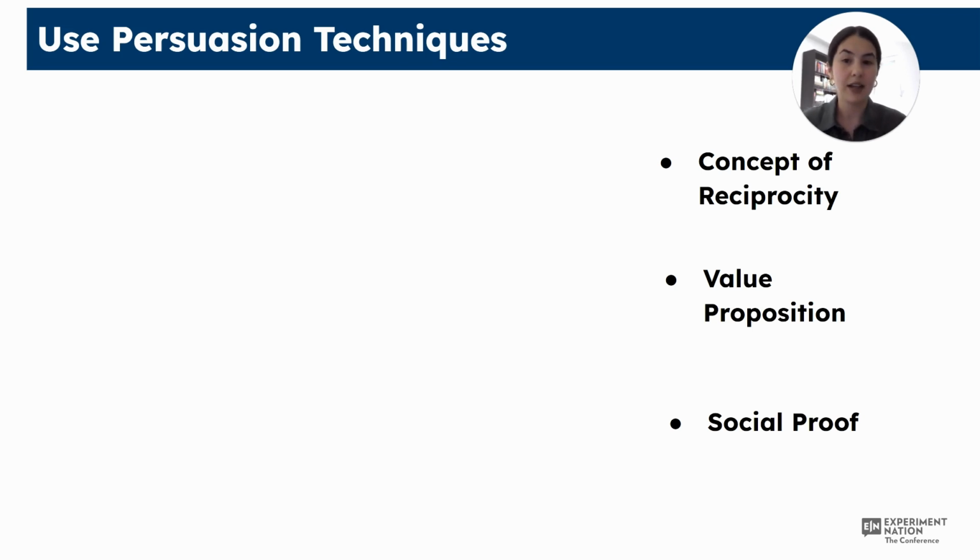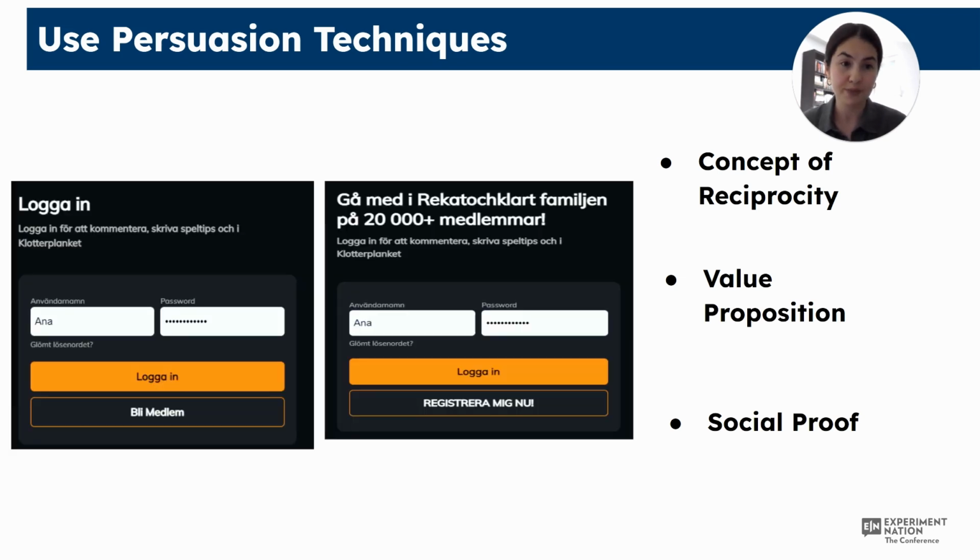And another persuasion technique that you can use is, of course, social proof. And this one talks about how people tend to follow groups. And if you can take a look here, we have an example from a Swedish media website. And on the left, we have a before version where the value proposition was just log in.